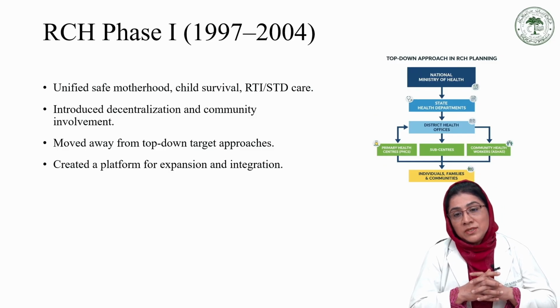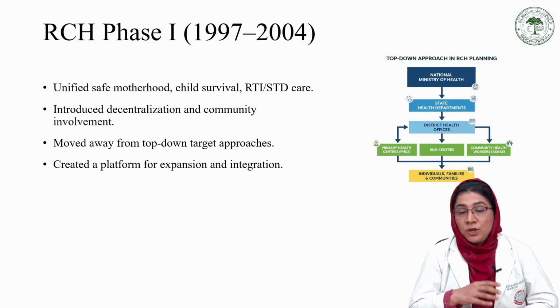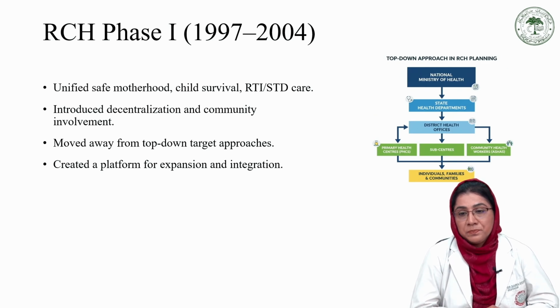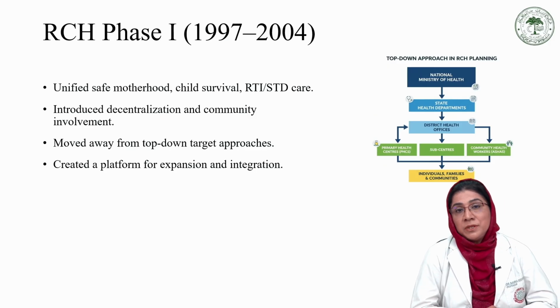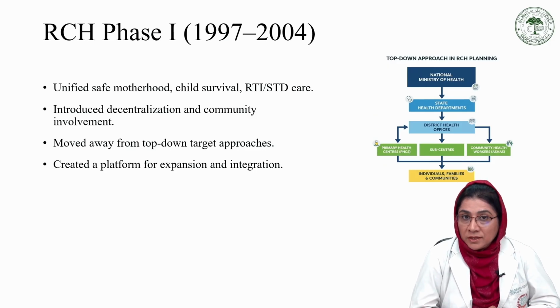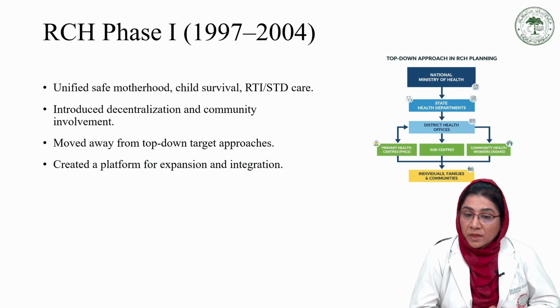Sub-center microplans translated these priorities into due lists, fixed session sites, logistics, and referral arrangements for each hamlet. Convergence with the Integrated Child Development Services and regular village health and nutrition days operationalized joint outreach and nutritional, maternal and child health counseling at the last mile.